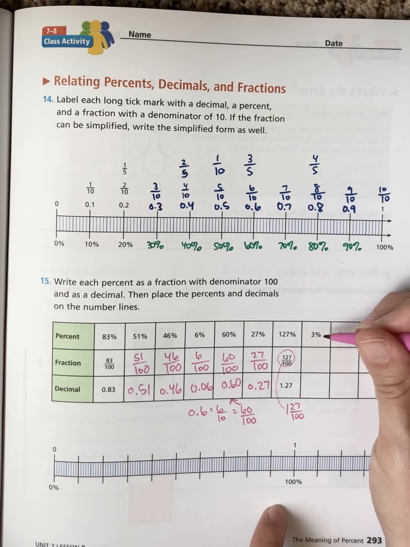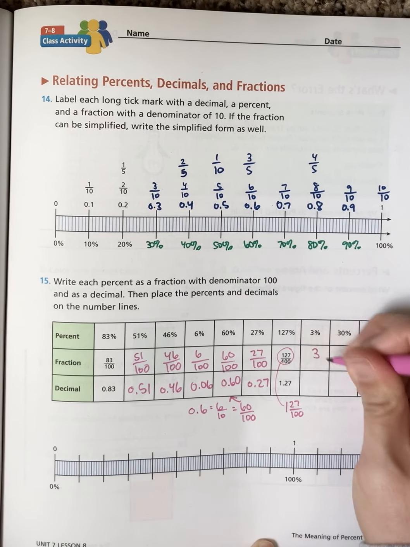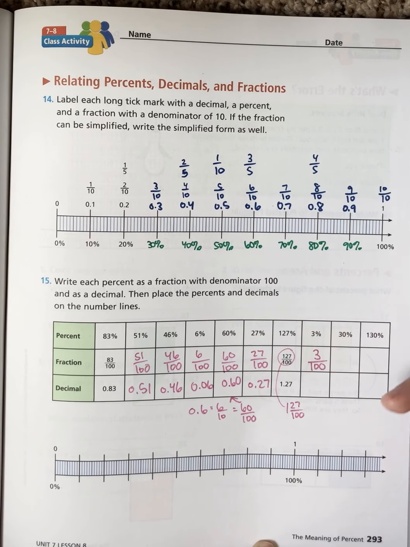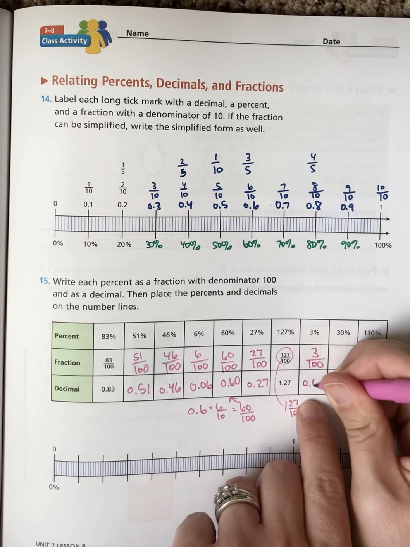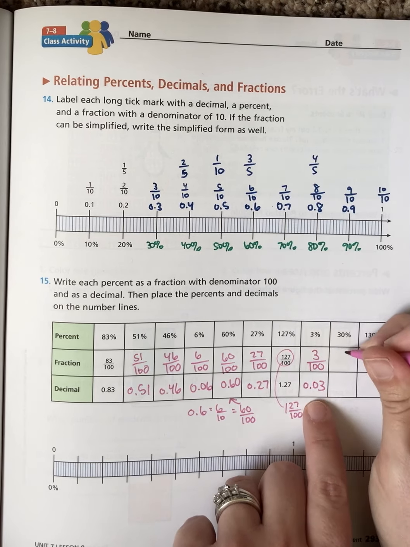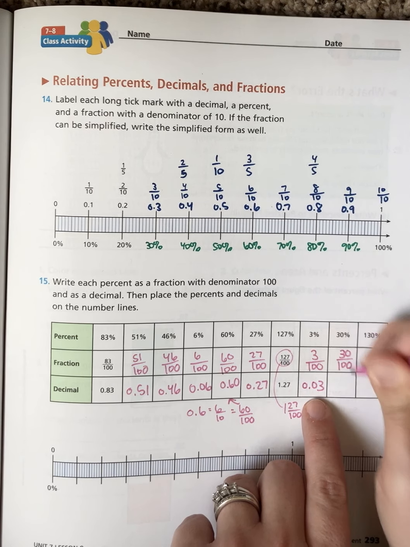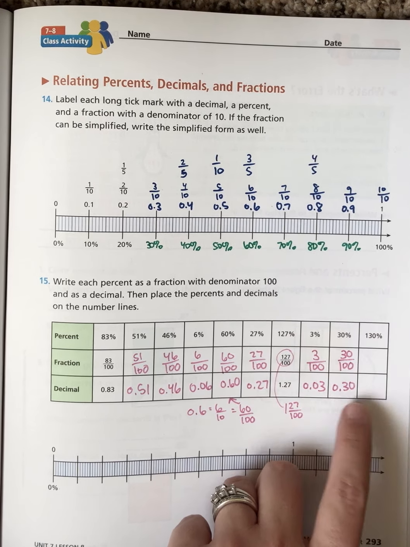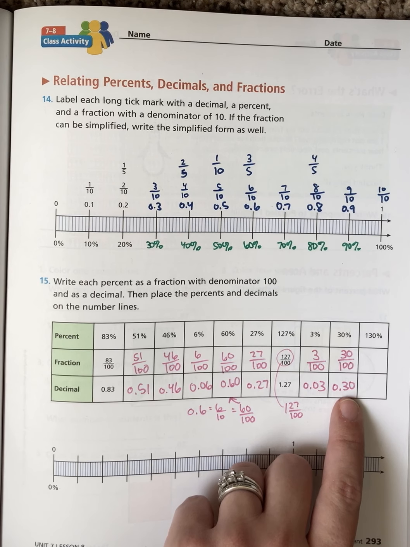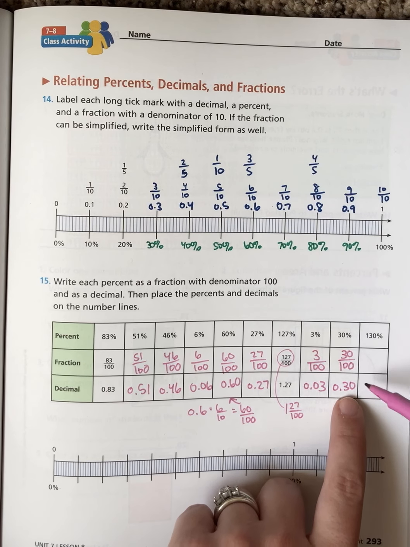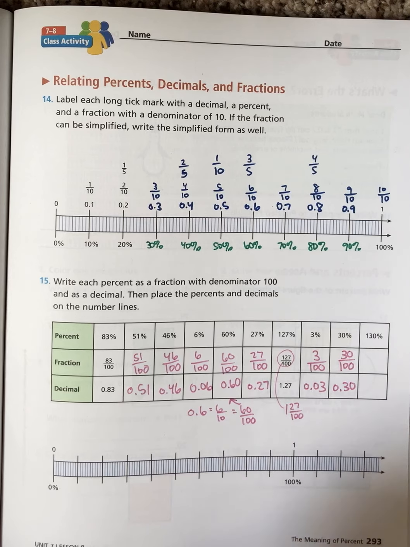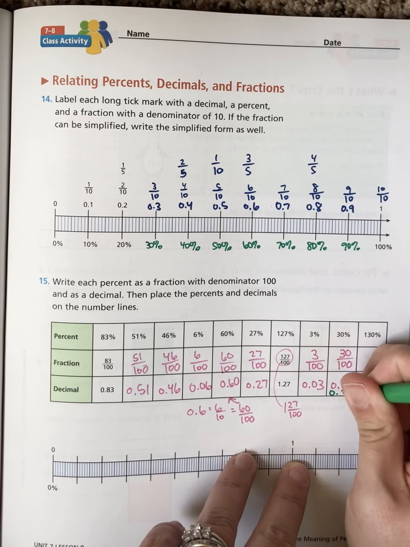Okay, so the difference between 3% and 30%: 3% is 3 100ths, which is 0.03, and 30% is 30 100ths, which is 0.30. And another way you could write 0.30 is 0.3.